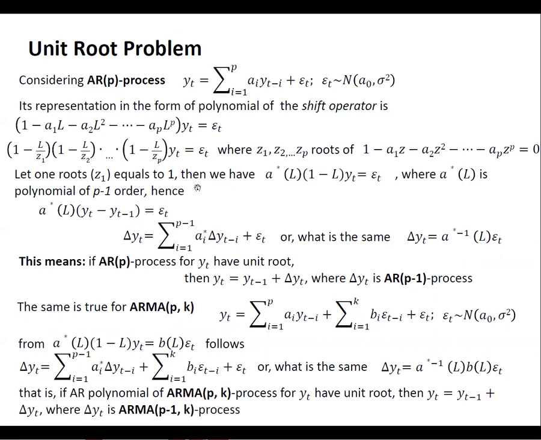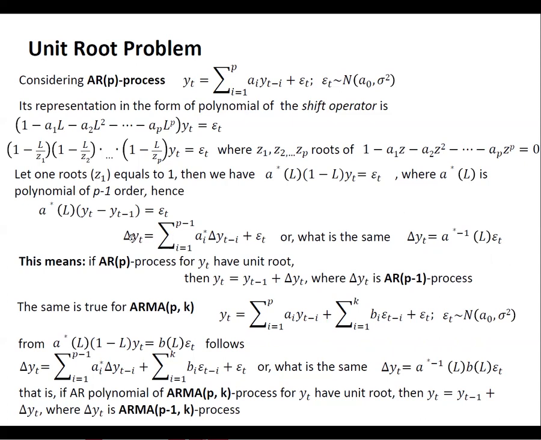So my question, what will happen then? The answer is that one of the factors turns into 1 minus L, and the remaining factors form a polynomial of order p minus 1, denoted as A star of L. Here is what we got.